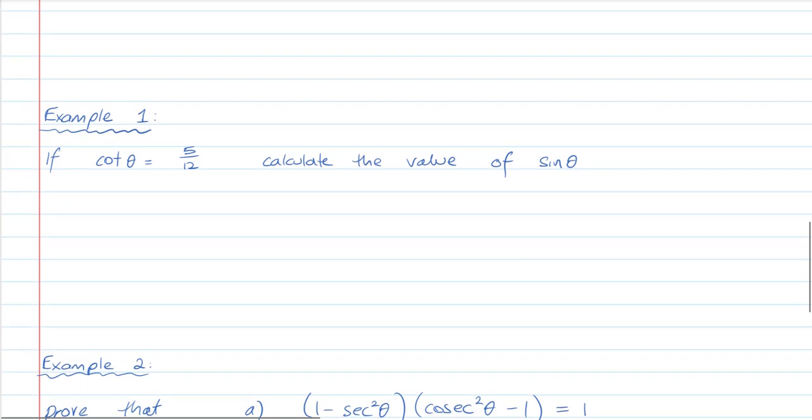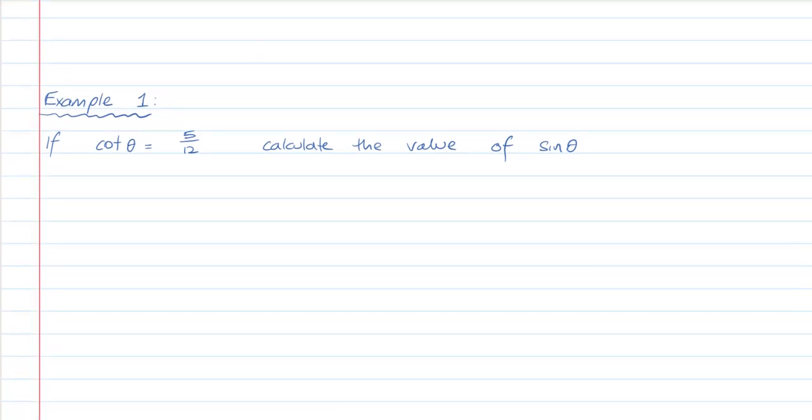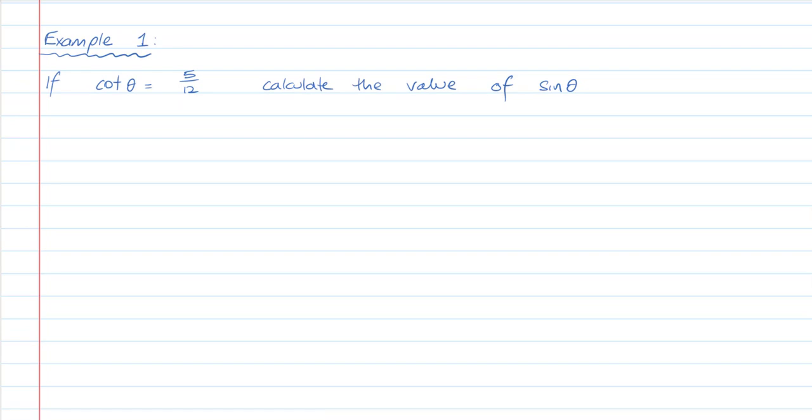So let's have a look at a couple of examples. In fact, we're just going to do the one example and then I'll split this video in half. This is a really particular type of example and there are a couple of ways of doing it, so I'm going to show you both ways, 2 options. Here's option A, or option 1. In option 1, we go looking for an identity that relates cot and sine.